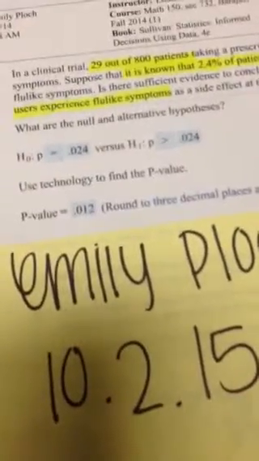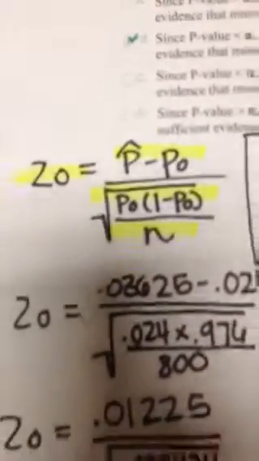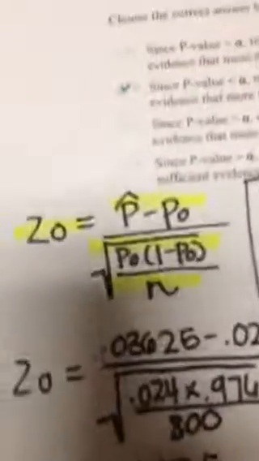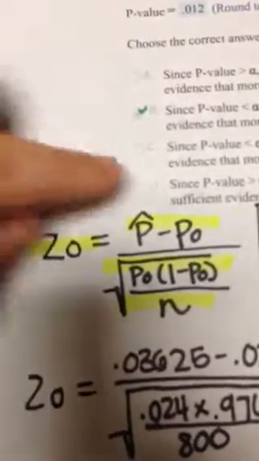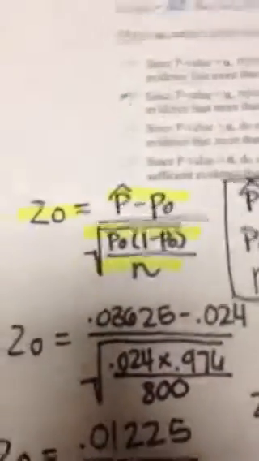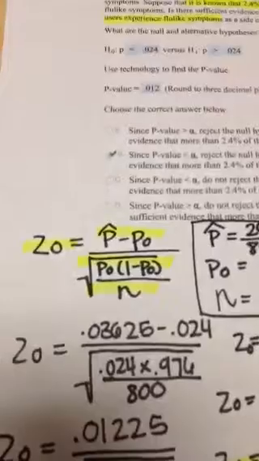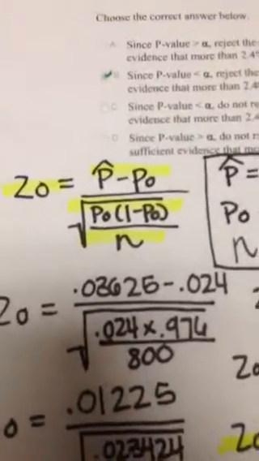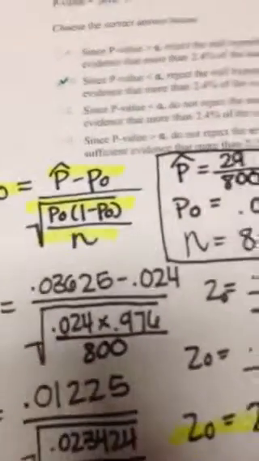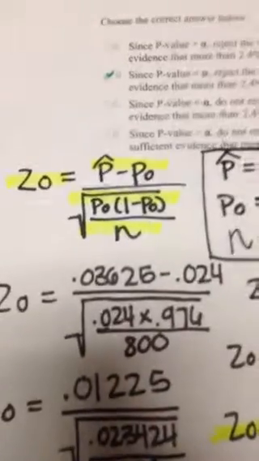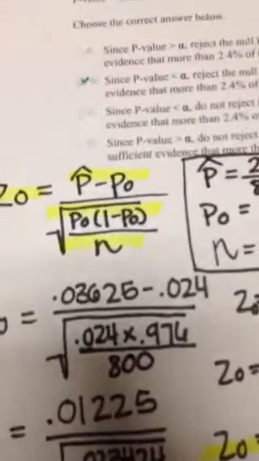So we're going to use technology to find the p-value. I use the equation first. So the equation is z equals p hat minus the null hypothesis p, over the square root of null hypothesis p times 1 minus null hypothesis p, all over n.